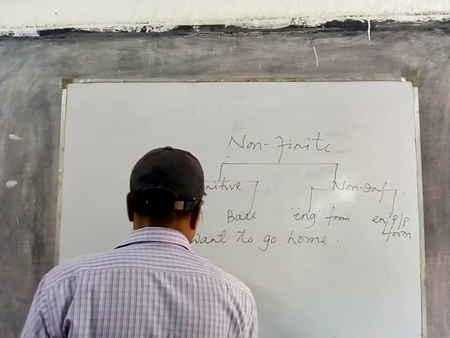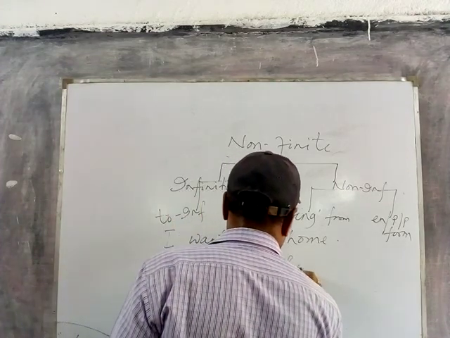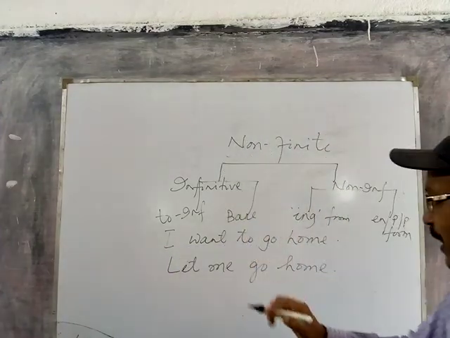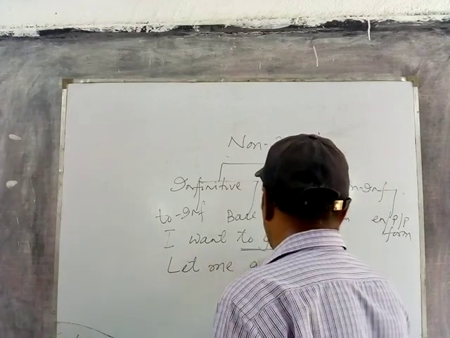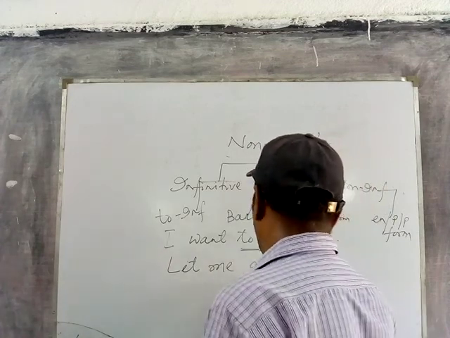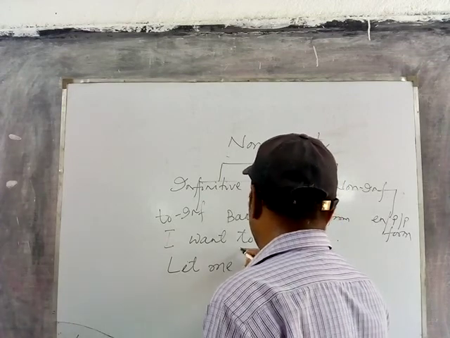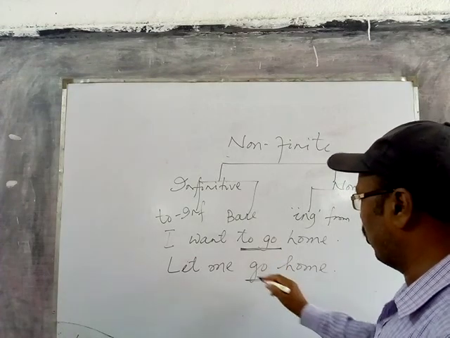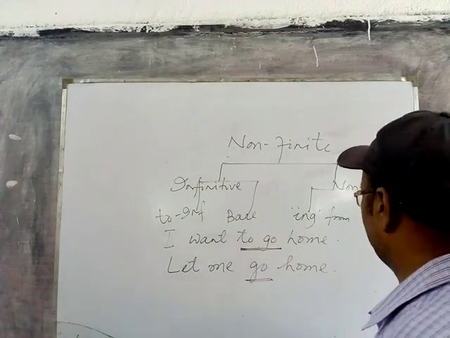Let me go home. In number one, the non-finite is to go. In number two, only go. So here, to is added to the non-finite verb, but in the second there is no infinitive marker, so it is called a bare infinitive.